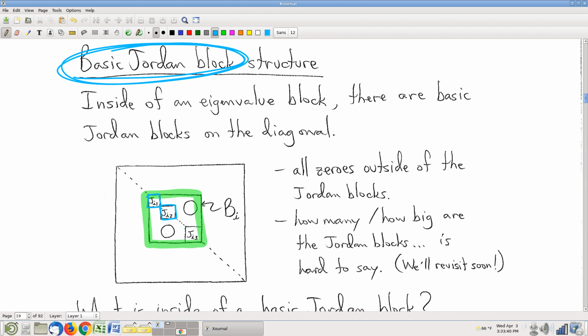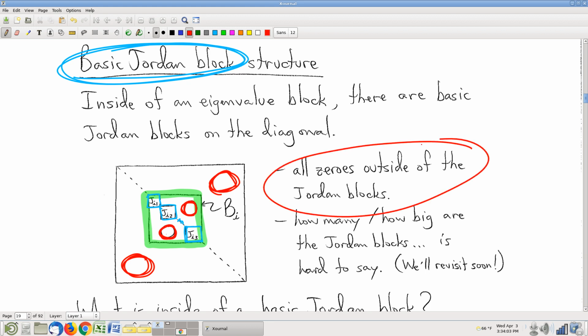Also square, also on the diagonal. And just like with the eigenvalue blocks, remember outside of the eigenvalue blocks is all zeros. Well, likewise, inside of the eigenvalue blocks, but outside of the basic Jordan blocks, all zeros. So lots of zeros. Again, we like zeros.